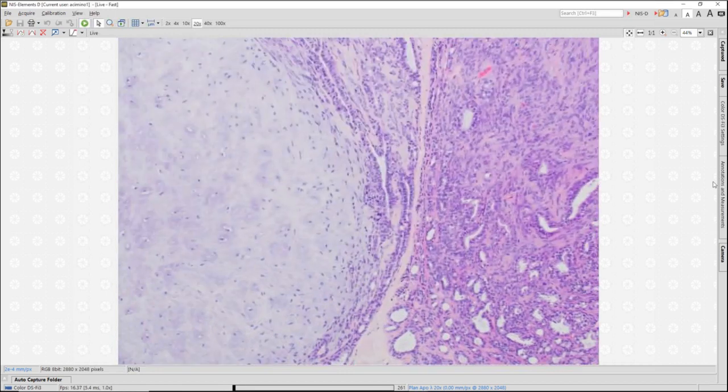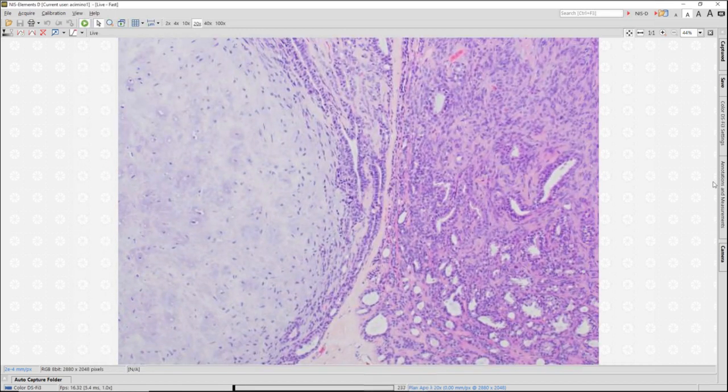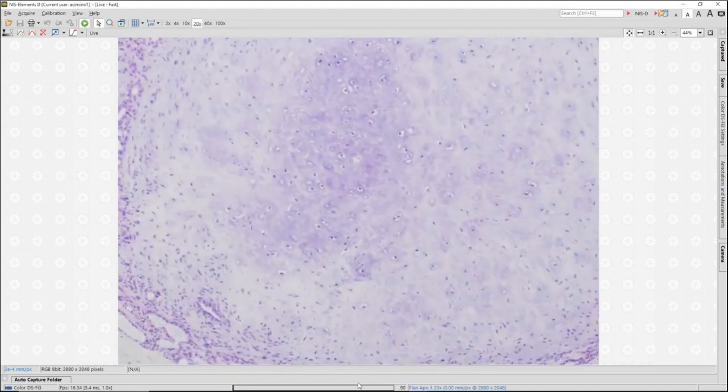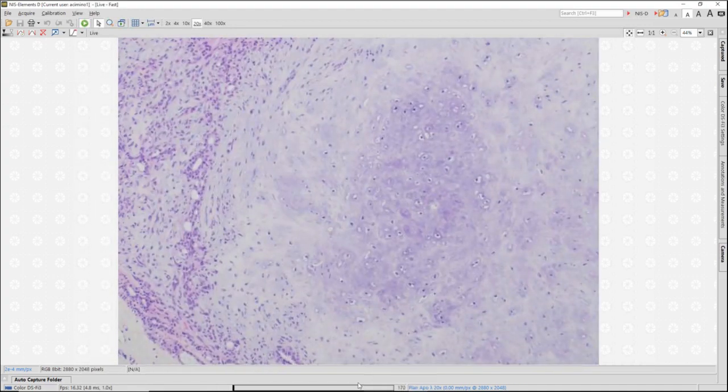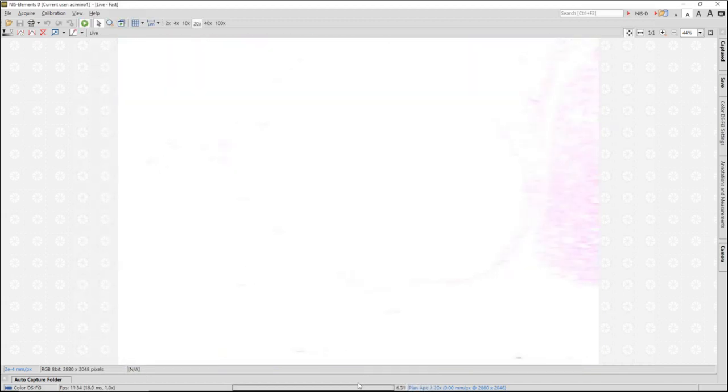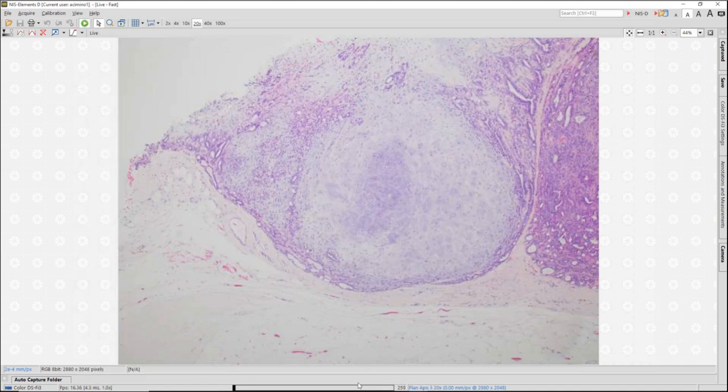And quite distinctly, you can see a difference between the area on the right, which shows the back-to-back adenosis, and this area on the left that shows really prominent chondroid stroma. And this is an area that is showing evolution to a benign mixed tumor, or again, pleomorphic adenoma. That's a really nice example.